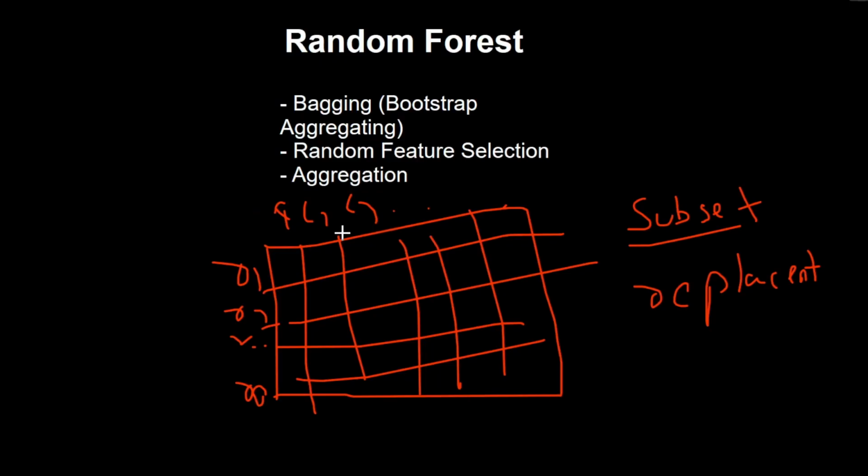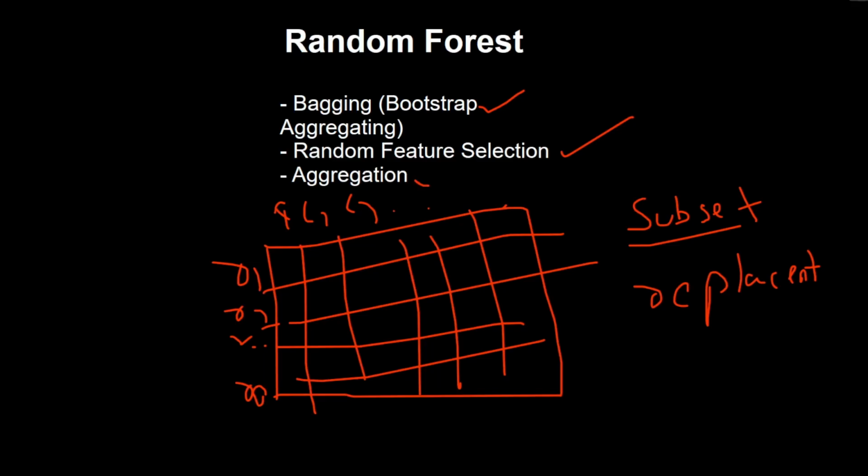But here, the subset of the features which we consider is also random. Here we might consider C2, C3 up to Cn, or any random subset of features. And in that subset alone for the tree, we're gonna do the splitting. Bagging is choosing the random data with replacement. Random feature selection is choosing a random subset of features.